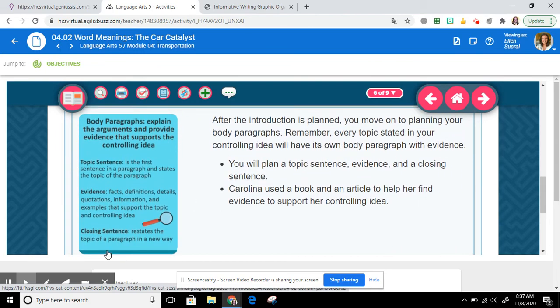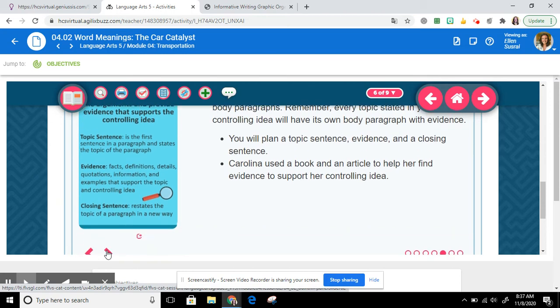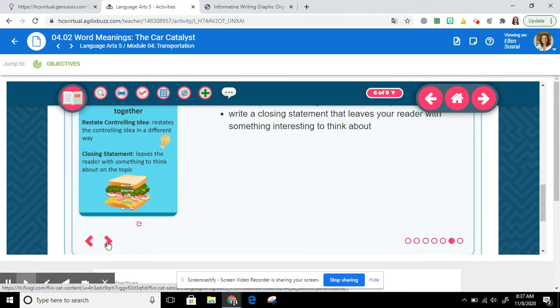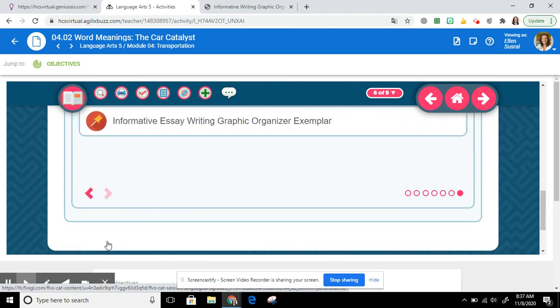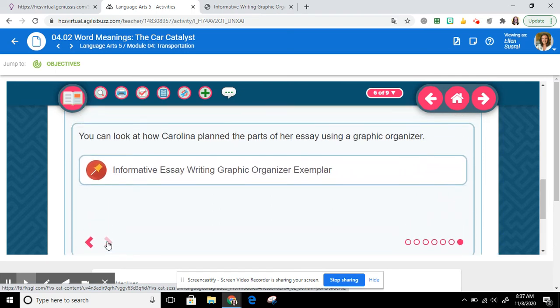It goes over how to write your body paragraphs. It goes over how to write your conclusion. And then on the last slide of this example, it even gives you an example of the graphic organizer filled out.